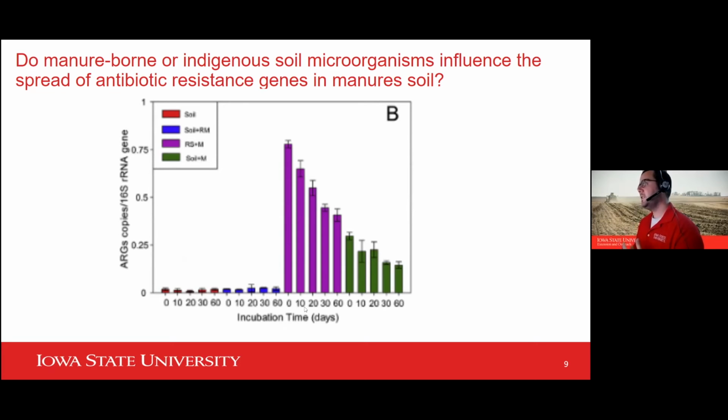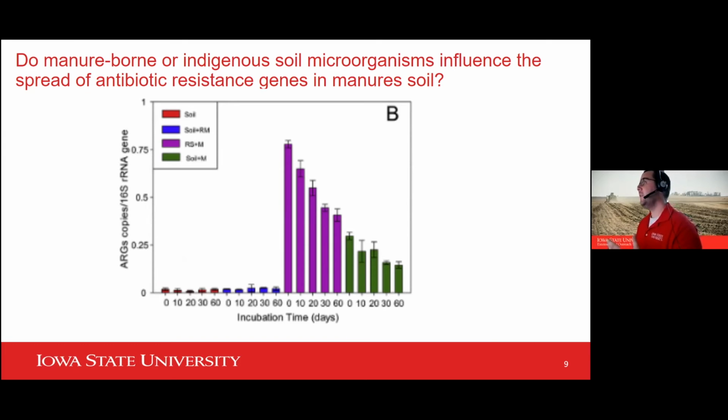What's really interesting about this study is when we irradiated the soil first, all of a sudden we got much, much larger amounts of antibiotic resistant genes in the soil, right? Since there wasn't bacteria already there, the bacteria added with the manure had little to no competition, got to proliferate and spread their genes far and wide, right?